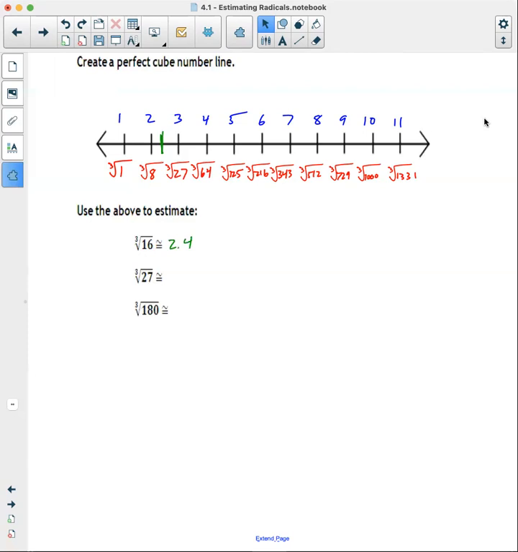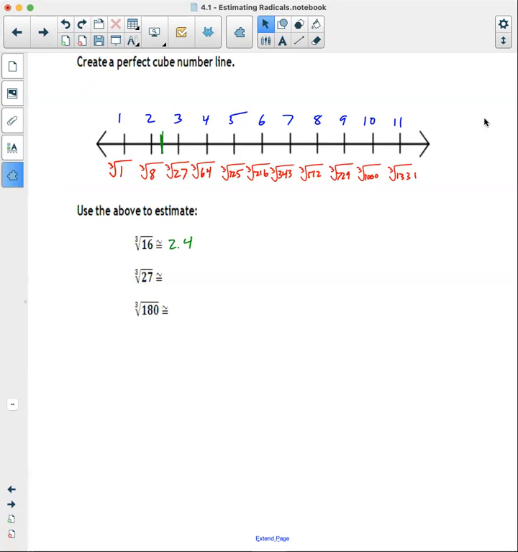As long as you're within kind of that right side of half, you'll be in good shape. For example, if you were to say that was 2.6, because 16 is closer to 8 than 27, I might dock you half a mark or something like that. So just try to be within or on the right side of a half.